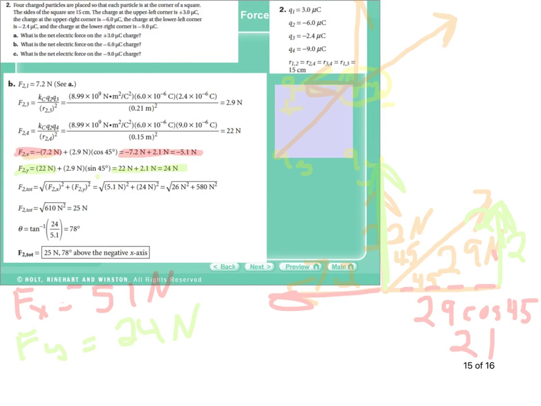Now that we know the x direction and the y direction, we can use the Pythagorean theorem to calculate the resultant value. Using the Pythagorean theorem, we get 25 newtons. And then we want our angle. So now we got Fx going off this way, we got Fy going this way.